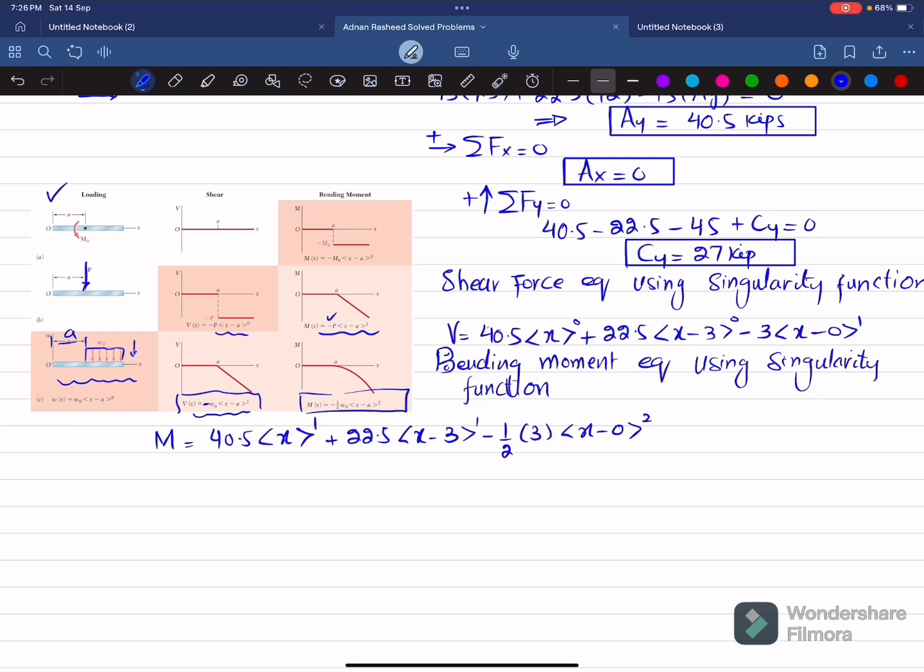Okay. So we can write this equation as 40.5 x minus 3 over 2 into x square plus 22.5 into x minus 3 power 1. So this is equation number 1, which is for shear force, and this is for bending moment.